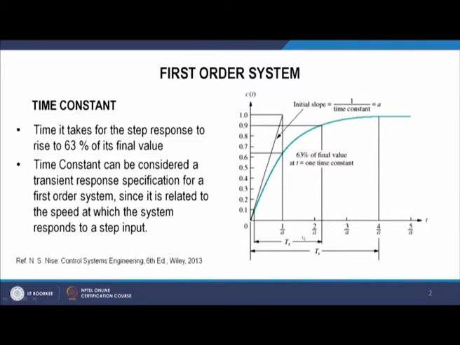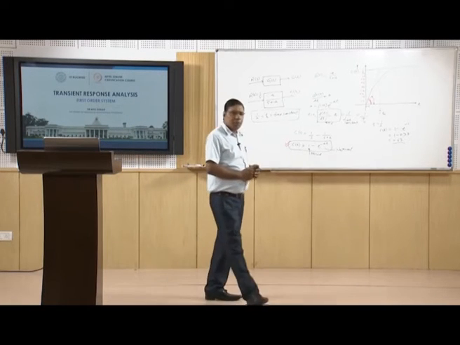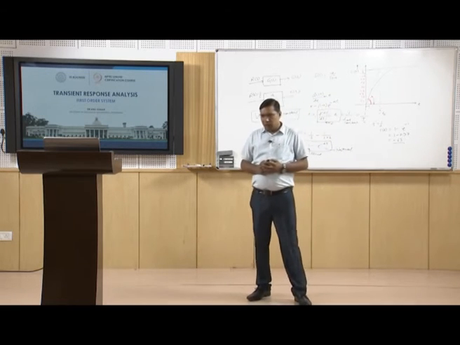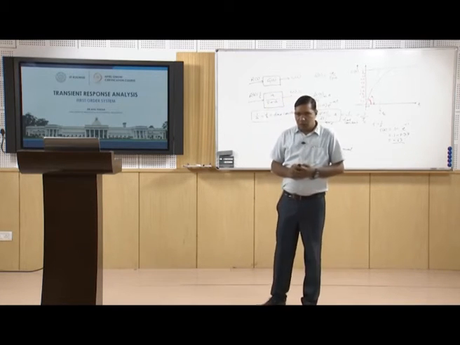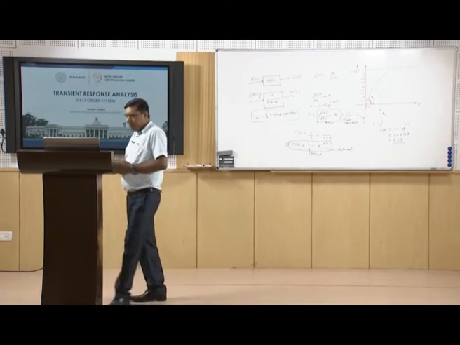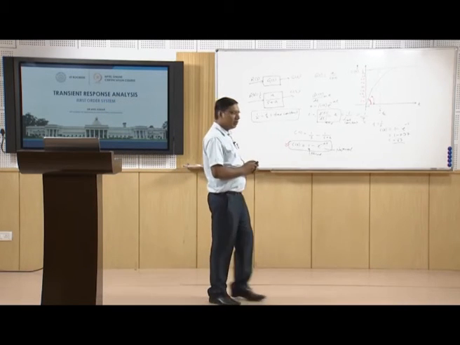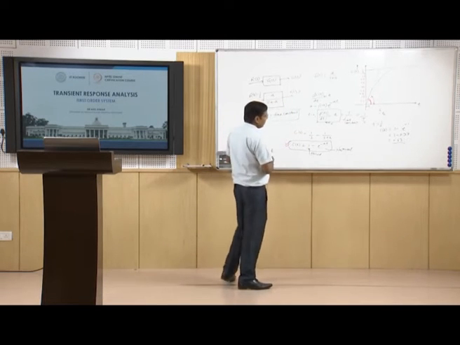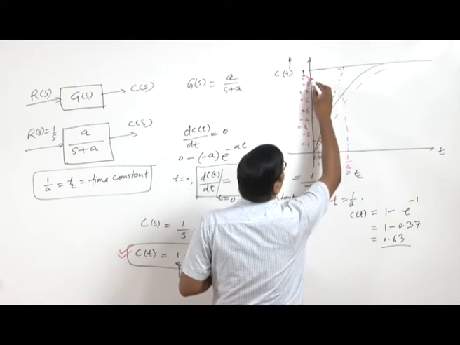Now, here are two other terms, Tr and Ts. Other transient response specifications can be rise time and settling time, in addition to the time constant. Rise time is defined as the time when the response goes from 0.1 to 0.9 of its final value. So, when the response grows and reaches, this is 0.1 and here is 0.9.